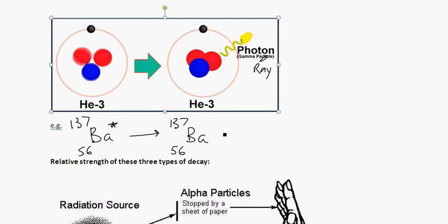But a gamma ray has been released. Gamma ray. And the symbol for gamma ray, well, it looks kind of like a fancy Y. That's gamma.